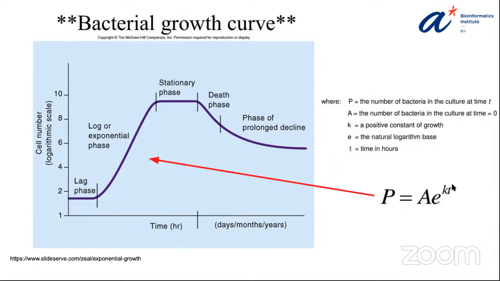Then what you can do is find out the time t it takes for the bacteria from where you started off at time t equals 0, A. How long will it take for you to reach a certain population size?